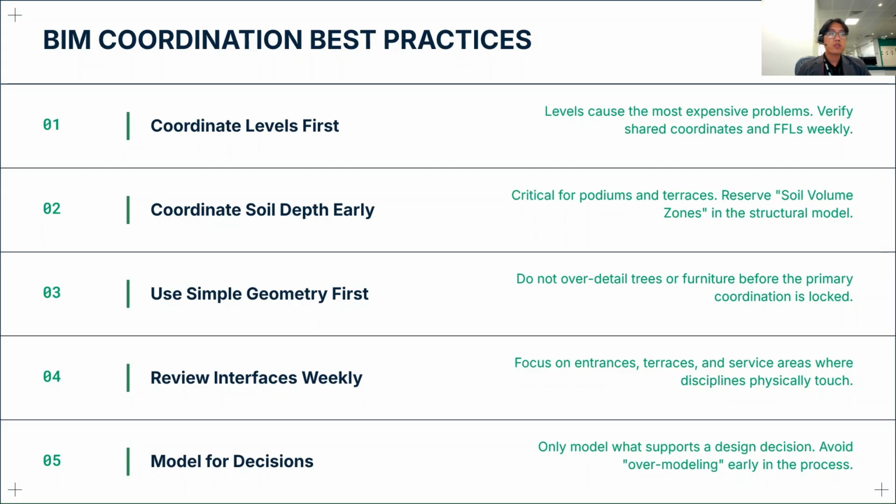We should also have an interface review every week, on one specific day, focusing on the major areas like the entrance, the terrace, and the service area, where the disciplines physically touch the model for decisions. Every decision should be based on the 3D model, and any design change or solution should be considered while working directly with the 3D model.